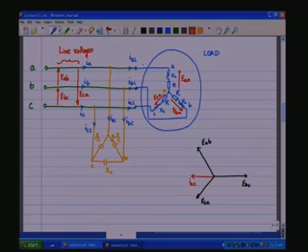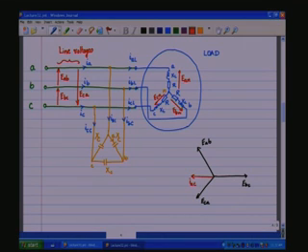Now, if you look back to this particular diagram here, IAL is the line current of the load side, the machine side, and IAL is passing through an inductive network, and it is a star network, and that is going to lag the phase voltages of this phase network.